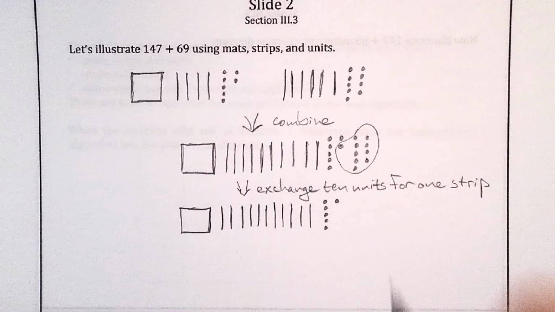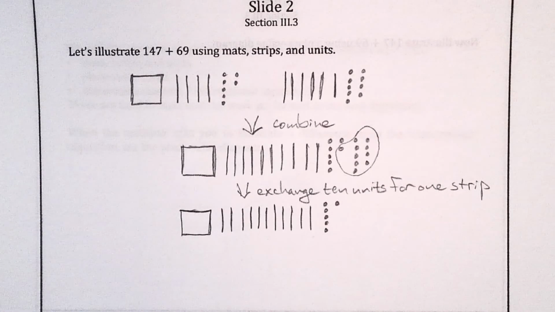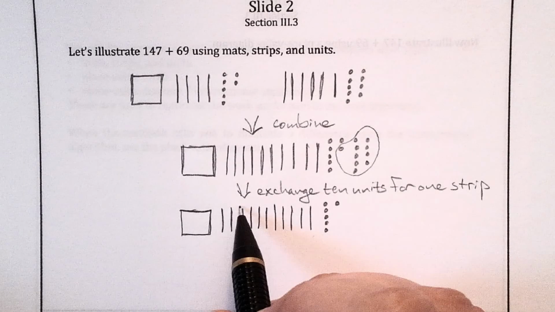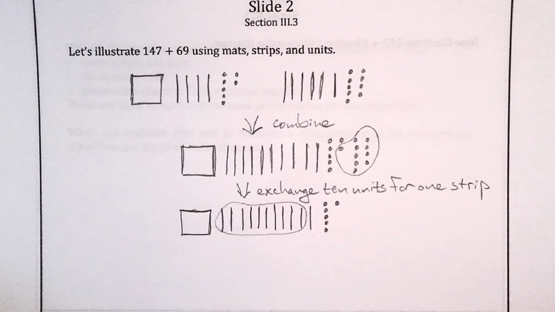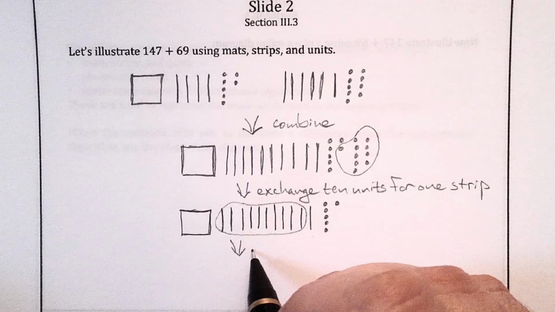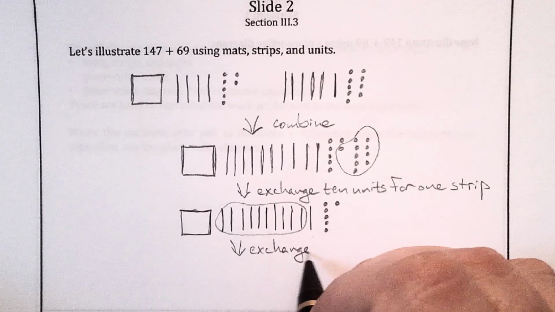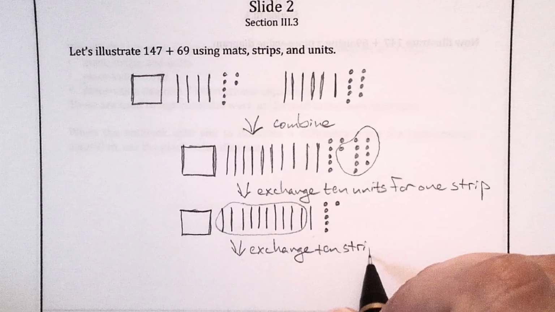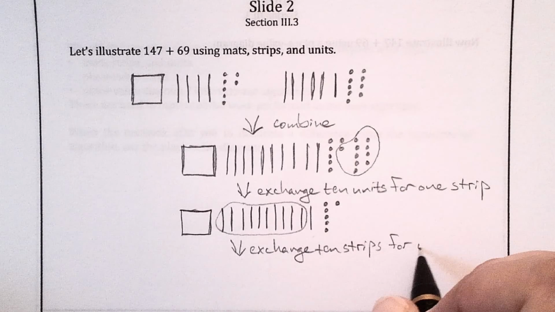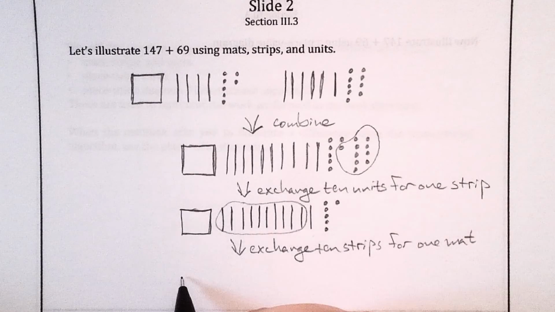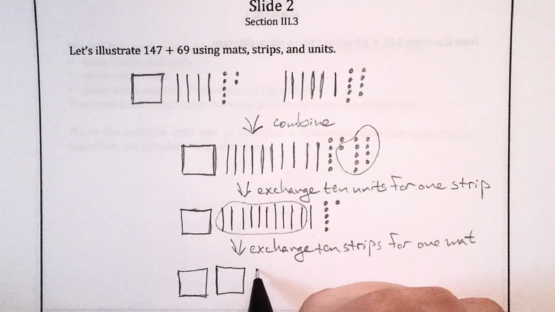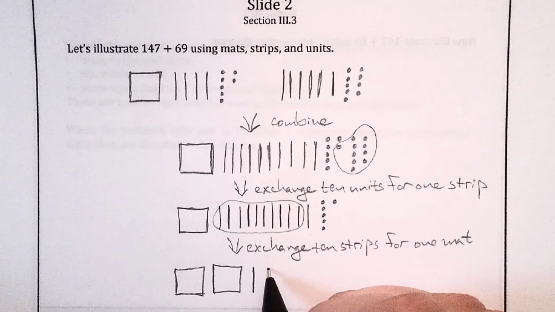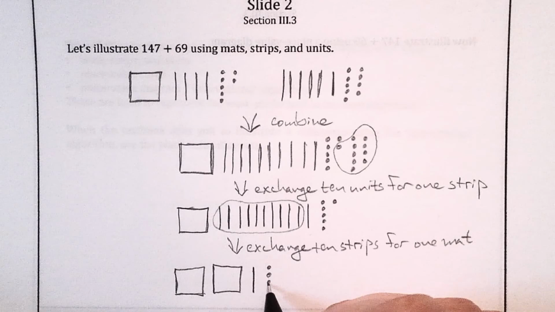Now I'm going to take 10 of my strips and exchange them for one mat. And that leaves me with 2 mats, 1 strip, and 6 units.